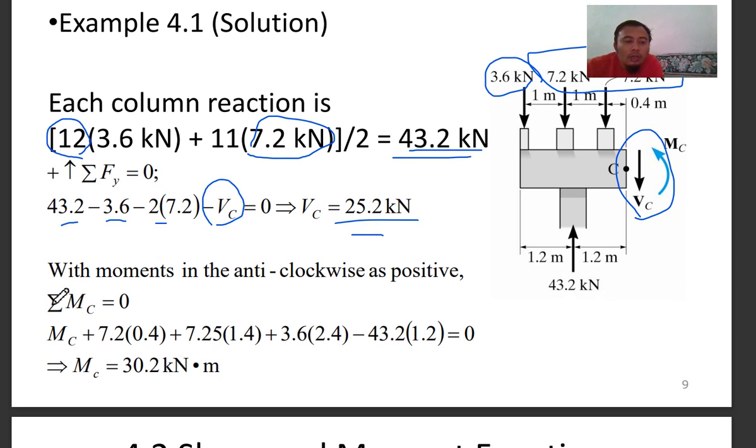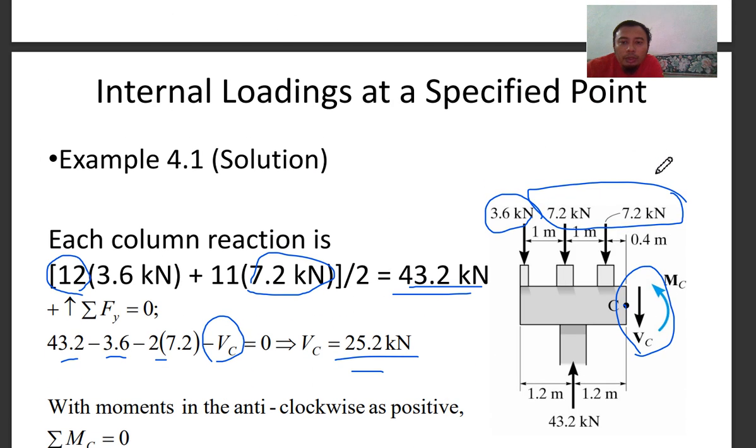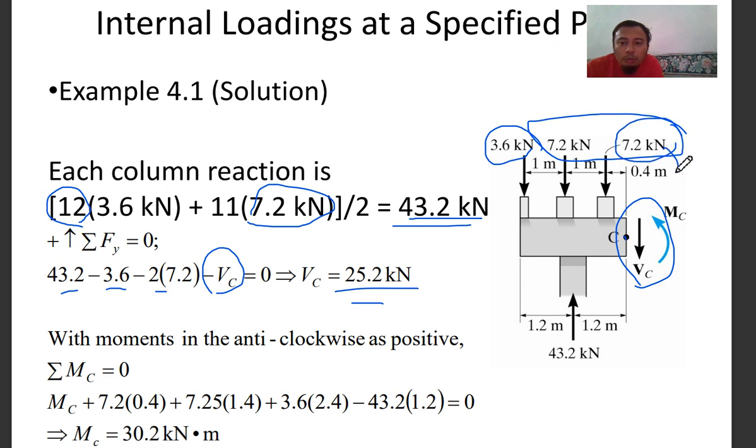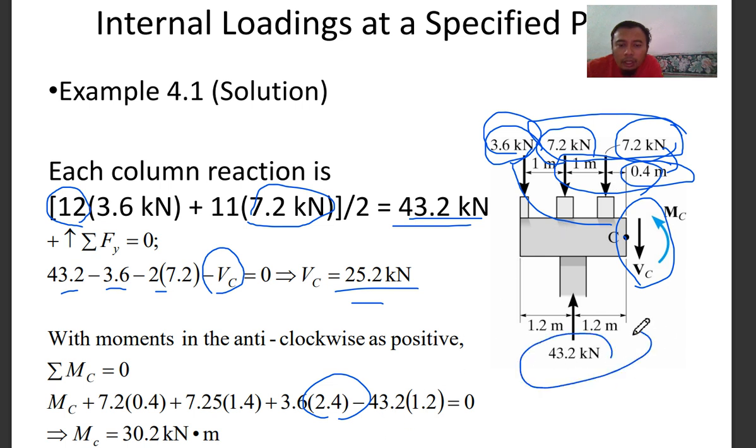And with moment anti-clockwise as positive, take summation of moment at C, so you have 7.2 times 0.4 moment arm, and then 7.2 times 1.4 moment arm, and then 3.6 times 2.4 moment arm, and then lastly is the reaction here times 1.2 here.